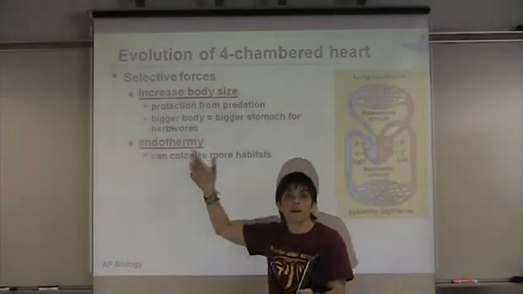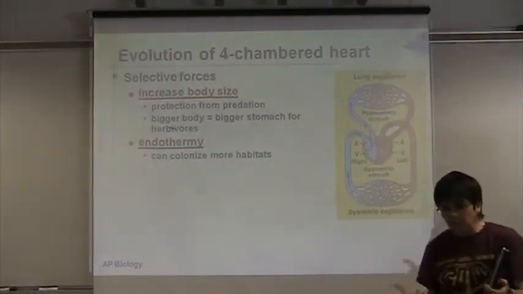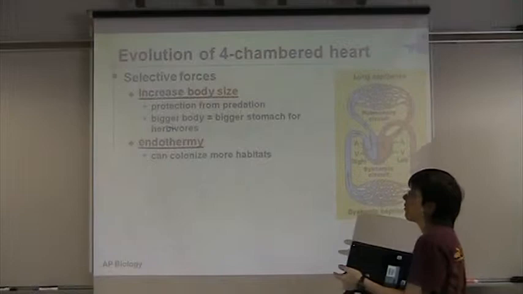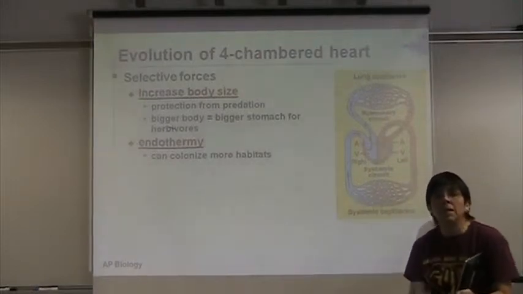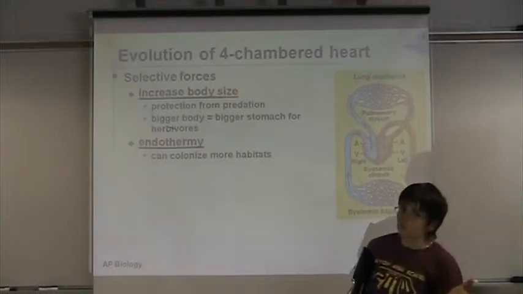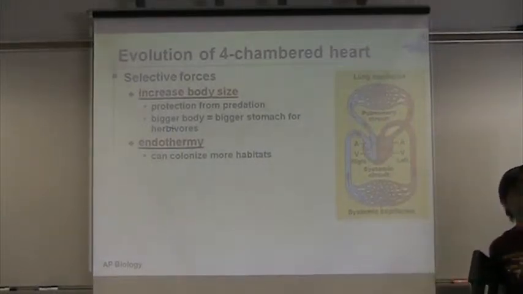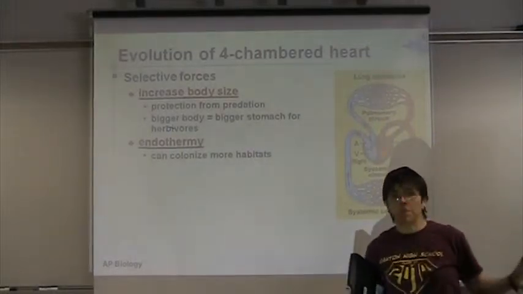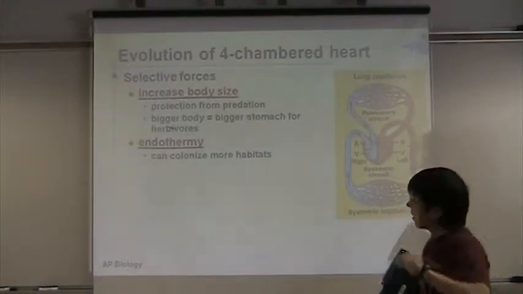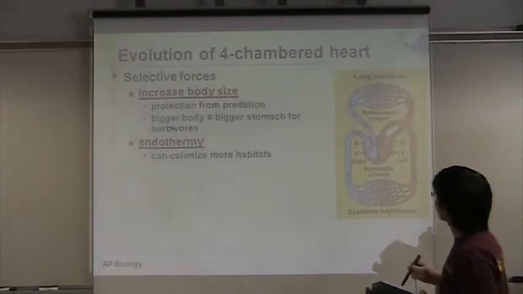I mentioned earlier the four-chamber heart, because of the high concentration of oxygen, allows for the evolution of endothermy. That, as a consequence, remember, if you are an endotherm, like birds and mammals, now you can colonize any area of the planet. You are not limited to the areas with reasonable temperatures.